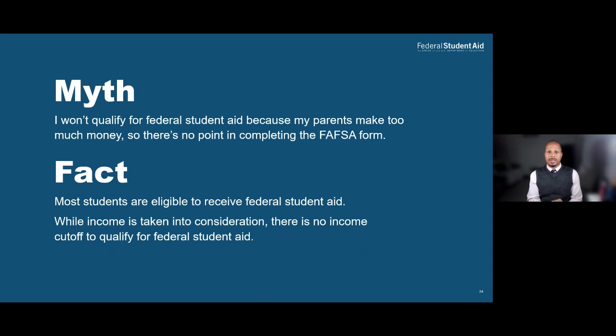Another myth that we hear a lot: I won't qualify for federal student aid because my parents make too much money and there's no point in completing the FAFSA form. Well, the truth is most students are eligible to receive federal financial aid. And while we do consider income as part of the evaluation process and eligibility criteria, it is not the sole thing that we're looking at.